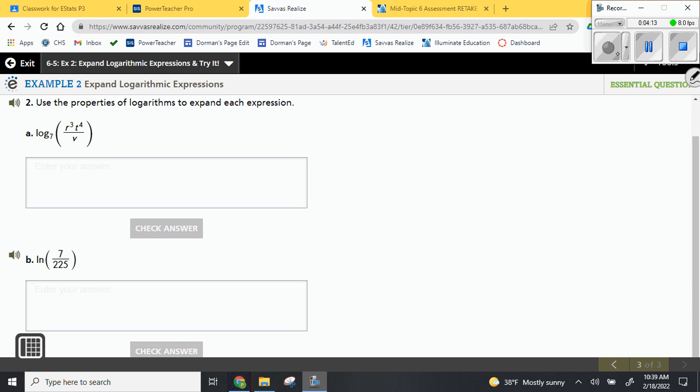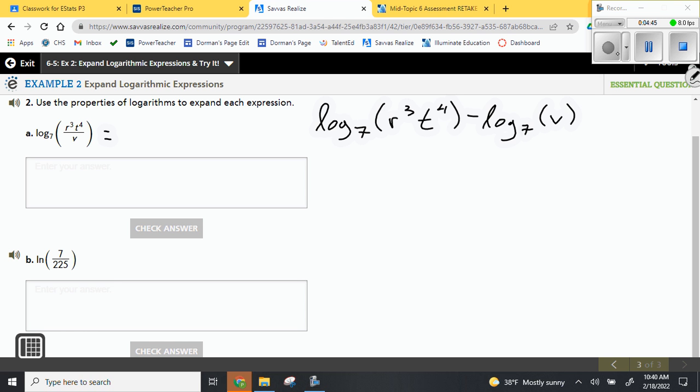I like this one over here in the try it. The first thing I need to do, because it's got a lot going on, is use that quotient property. So this one is going to be equal to log base 7 of r cubed t to the 4th minus log base 7 of v.